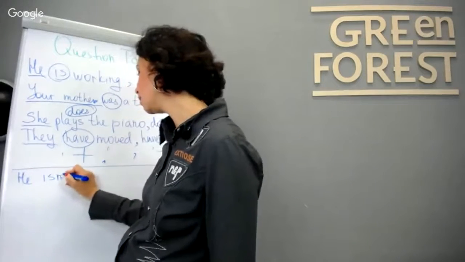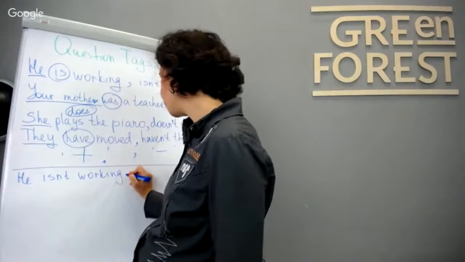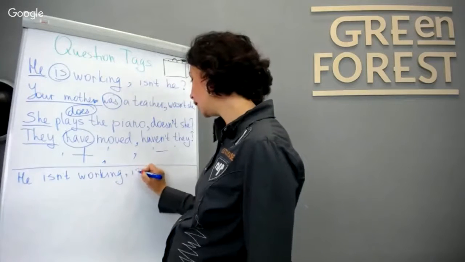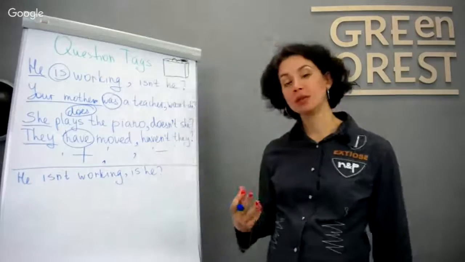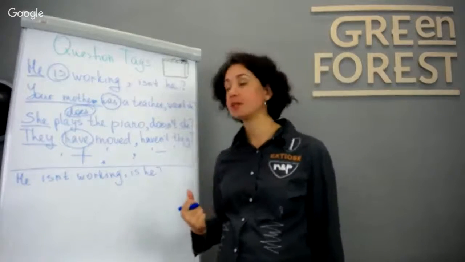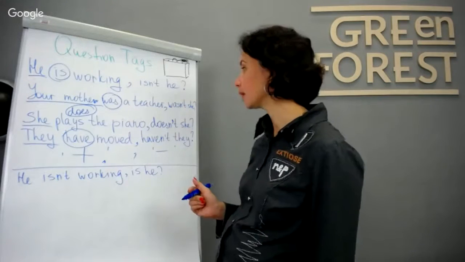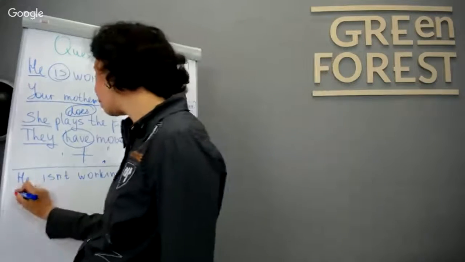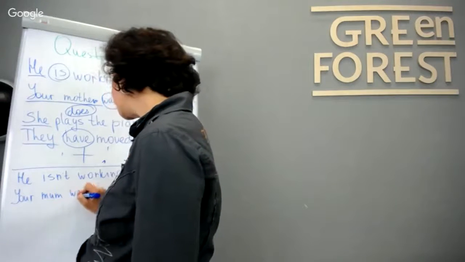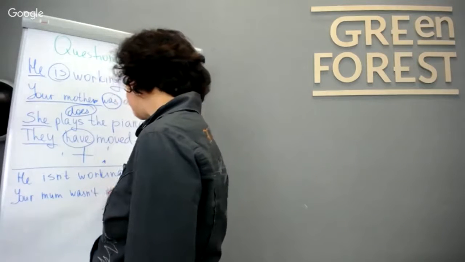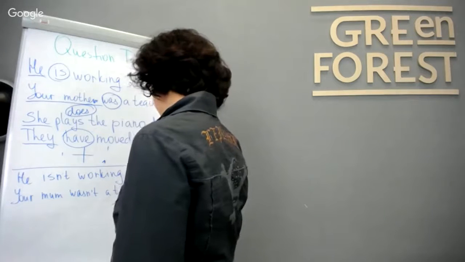He isn't working. He doesn't have a job. So the question will be, is he? No negative, because we can use the negative form only once in a sentence. So if our sentence is negative, the tag will be positive. Your mom wasn't a teacher. Was she?